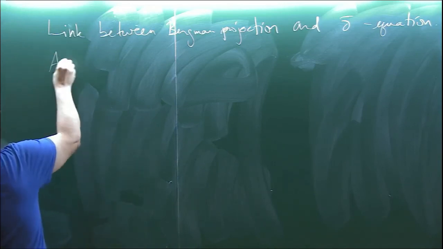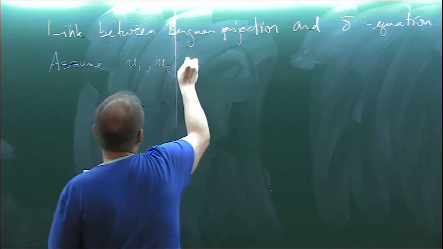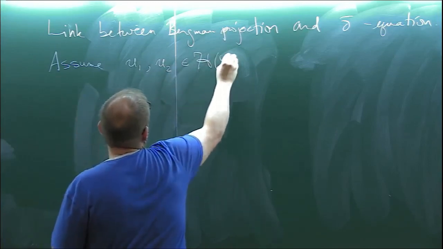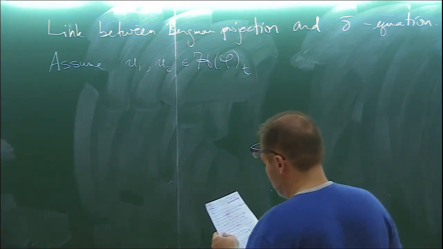So, for example, assume that you have some U1 and U2 that are both in one of these Hilbert spaces. Doesn't matter what t is, t is fixed in this discussion.